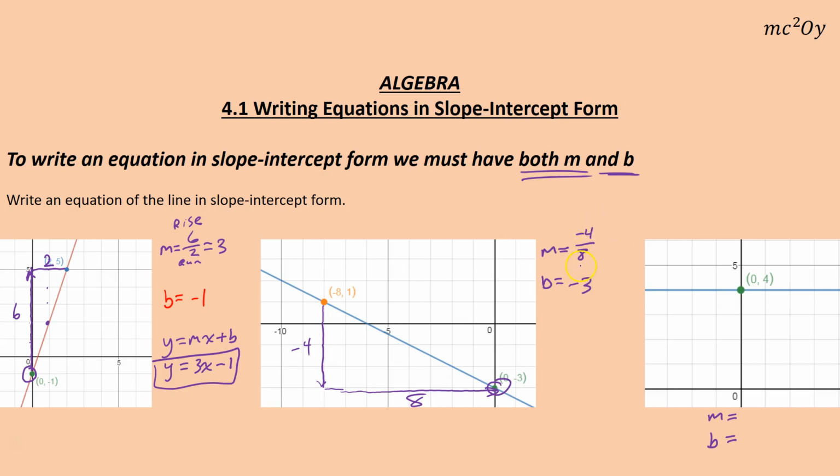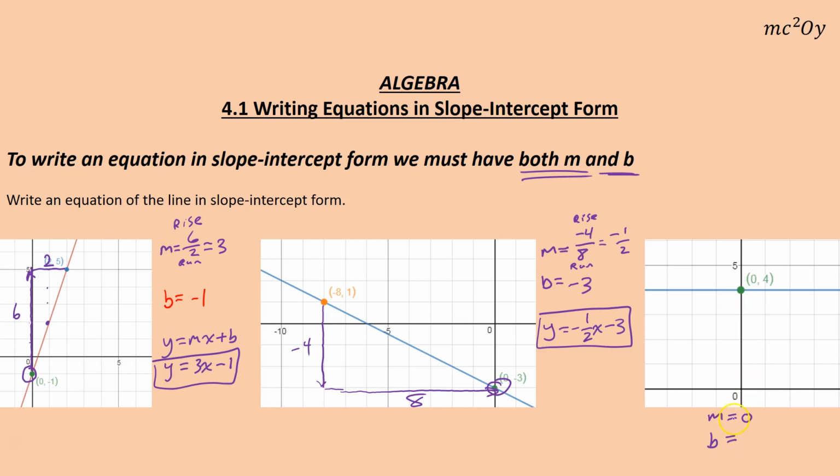Remember, that's rise over run. In this case, my rise is actually a fall. So that reduces to -1 over 2. So my equation is y equals -1/2 x minus 3. My slope's falling.